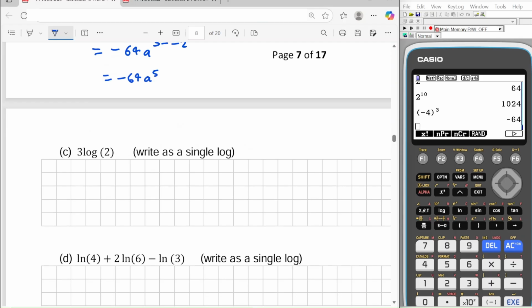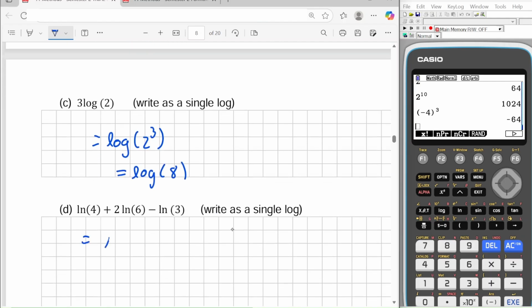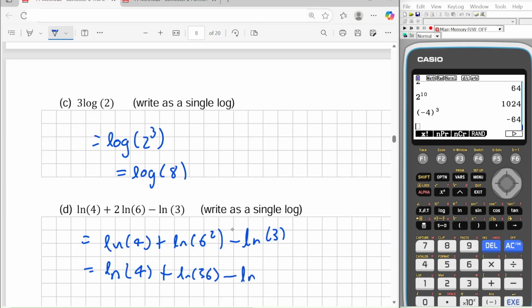Okay. 3 log of 2 is log of 2 cubed, which is log of 8. This one here is log of 4 plus log of 6 squared, take log of 3. So that's using the log laws. Log of 4 plus log of 36, take log of 3.